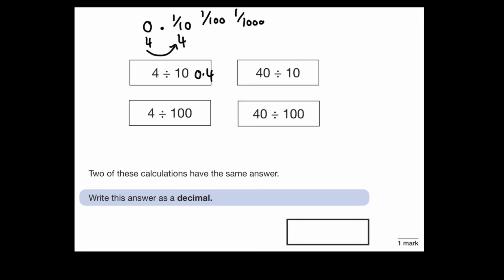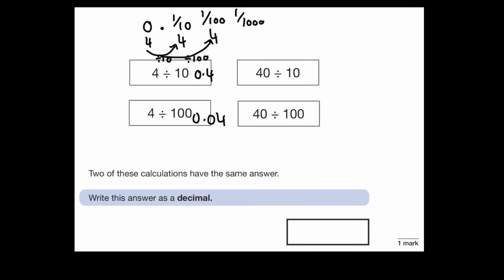I've got the ones column, the tenths column, the hundredths column, and the thousandths column. So I can see that 4 divided by 10 was equal to 4 tenths, which is 0.4, and 4 divided by 100 is going to be equal to 4 hundredths, which is equal to 0.04.